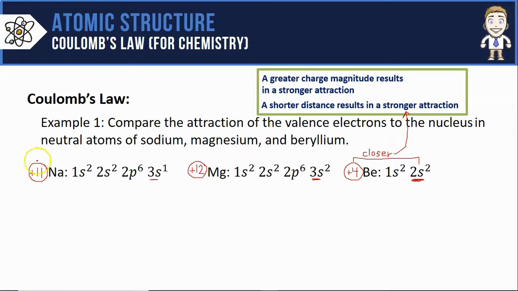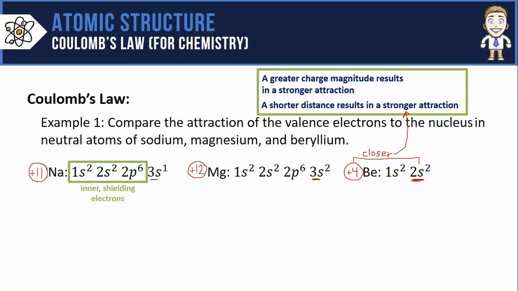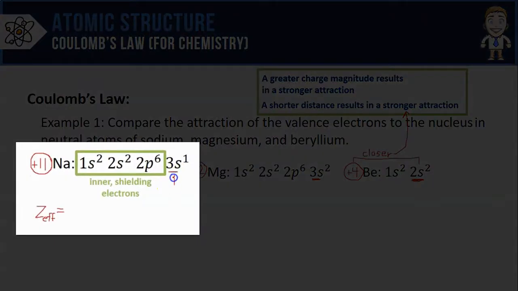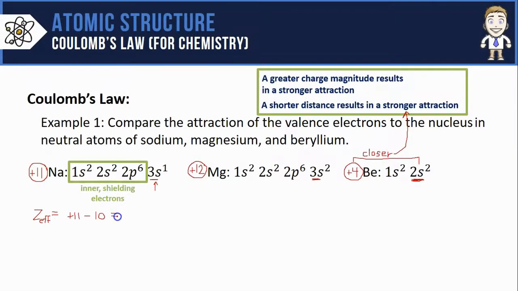Starting with sodium, I can see its nucleus has a +11 charge, but it also has all these inner shielding electrons that are canceling out some of that positive charge. That means the effective nuclear charge that these valence electrons are being attracted to is the +11 from the nucleus, but subtracting out 10 from these 10 inner shielding electrons, meaning the sodium atom has an effective nuclear charge of only +1.